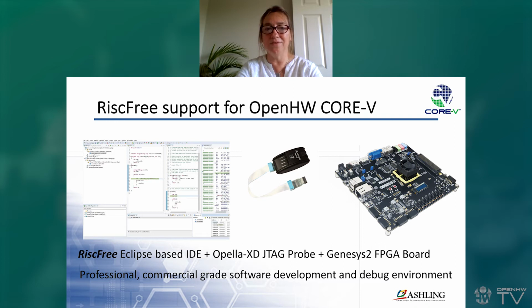On the left of that, you can see the Opella-XD probe, and then the RiscFree IDE, which includes project wizards and ready-to-go Eclipse projects for Core-V to run on the Genesys2 board with pre-configured build settings and pre-configured debug configuration setup so that you can easily connect to the board and download the code and so on.